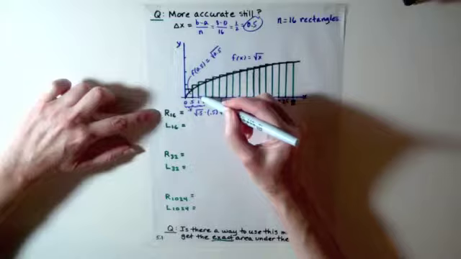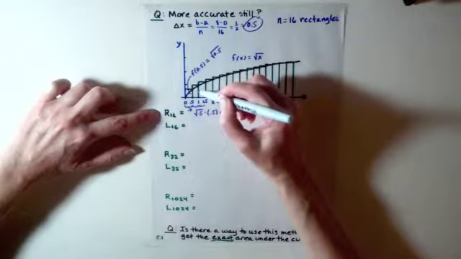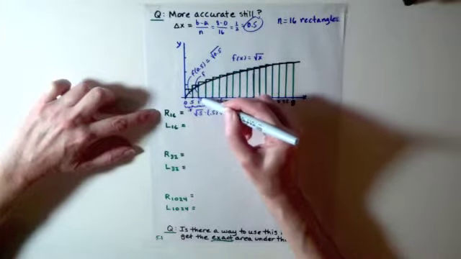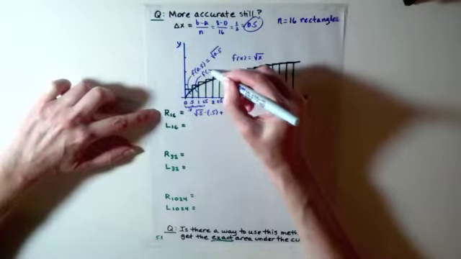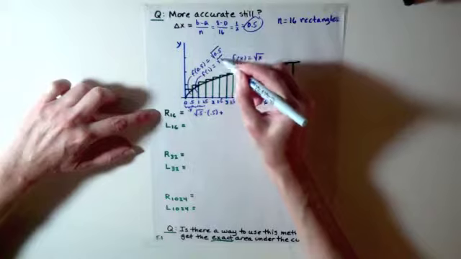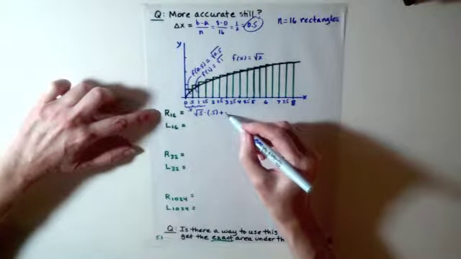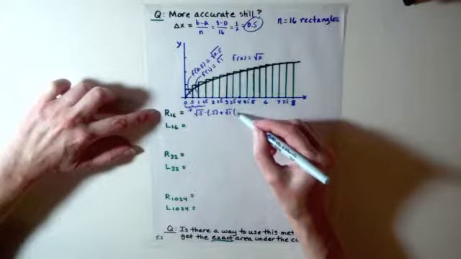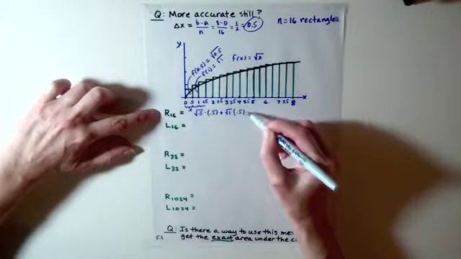For the second rectangle, we do exactly the same thing, and I can see that the height of the second rectangle, going to the right-hand endpoint, will be f evaluated at 1, so that'll be square root of 1. So my second rectangle would be square root of 1 times my width, and the widths are all 0.5.